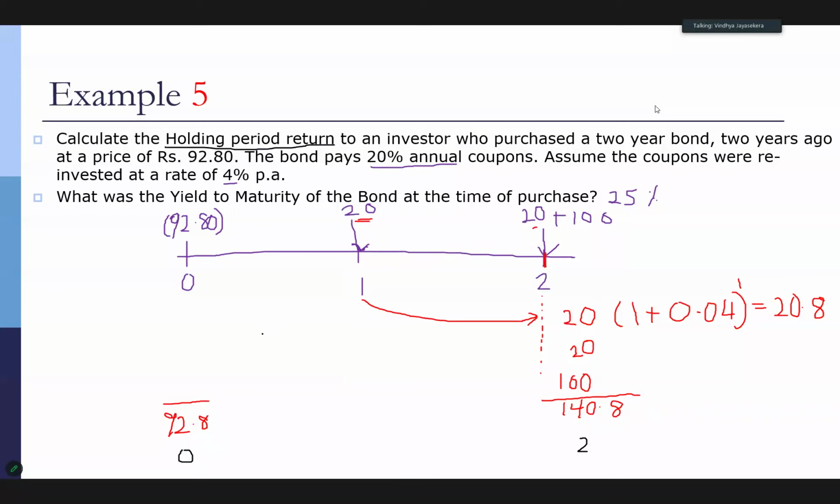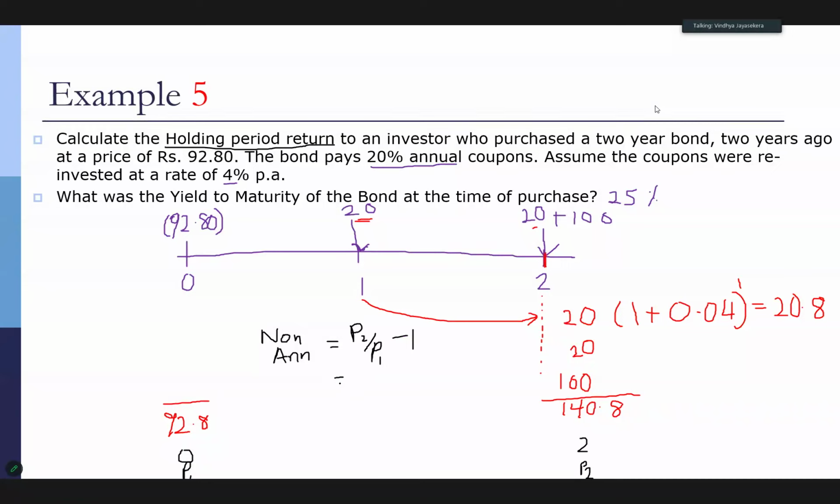Now I can calculate the non-annualized holding period return. Just for completion, let's calculate that as well. And I can calculate the annualized holding period return. My non-annualized holding period return is simply, I have two cash flows, I have P2, I have P1. So what is my non-annualized holding period return? P2 divided by P1 minus 1, right?